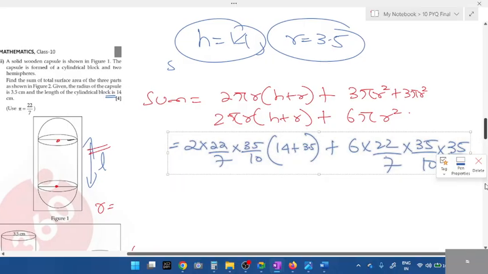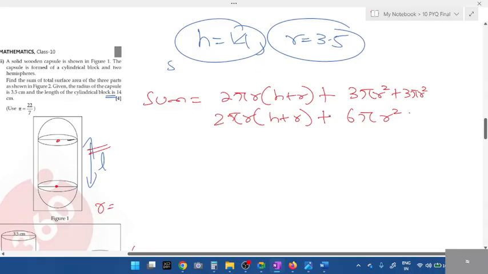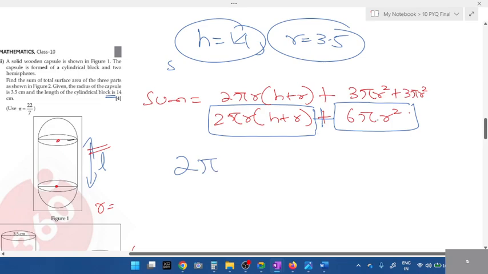Now instead of making it complicated, what are the fixed things? Let us factorize this. Use the factorization concept. What is common to them? 2 is common. 2 pi is also common. And how many r is common? 1 r is common. In the bracket, what do you get if you remove 2 pi r?